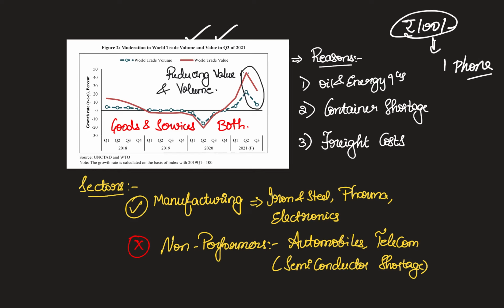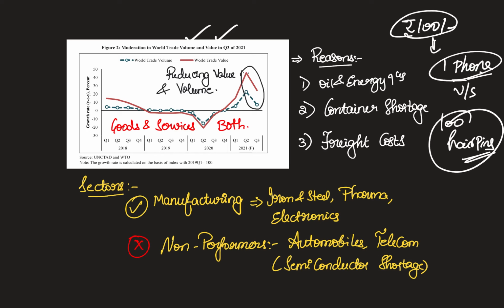For example, one phone versus 100 hairpins. So in this case, we have volume in the case of hairpins, and in this case we have value, because it is considered to be more valuable across the globe. So what you have to consider is not just on volume but also on high value goods.